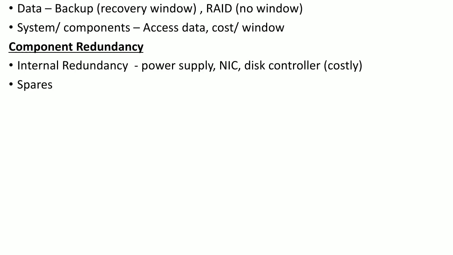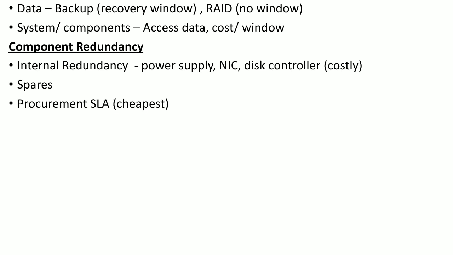The second option is to use spares, for example, spares of all systems in your data center in a store. And upon failure of any component, we replace this component from the spares available in our stores.